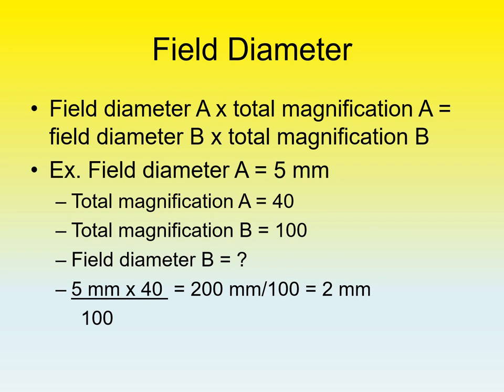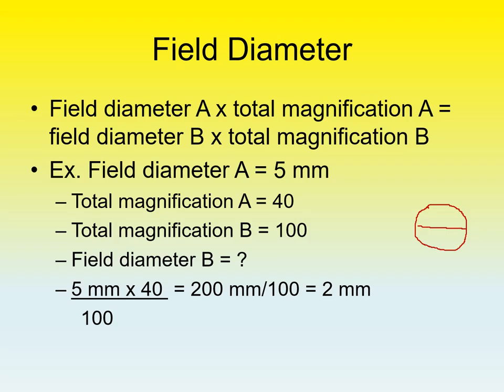So what this would mean is that when you are looking through the microscope, and trust me, I can't draw, if that's what you're looking through, that's what you see, what is this distance across that field of view from one end to the other? That would be your field diameter.